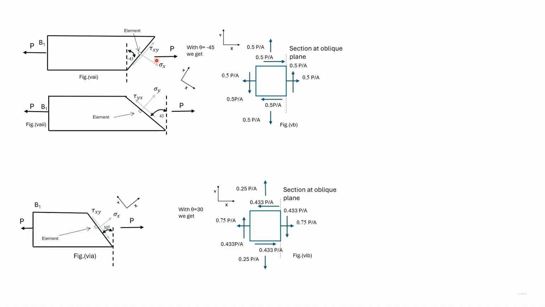Dividing the normal force by the inclined plane area, we get sigma x, and dividing the force parallel to the plane by the area of the plane, we get tau xy. This small element has been represented here with this oblique plane represented by this vertical line. We have then found sigma x and tau xy.